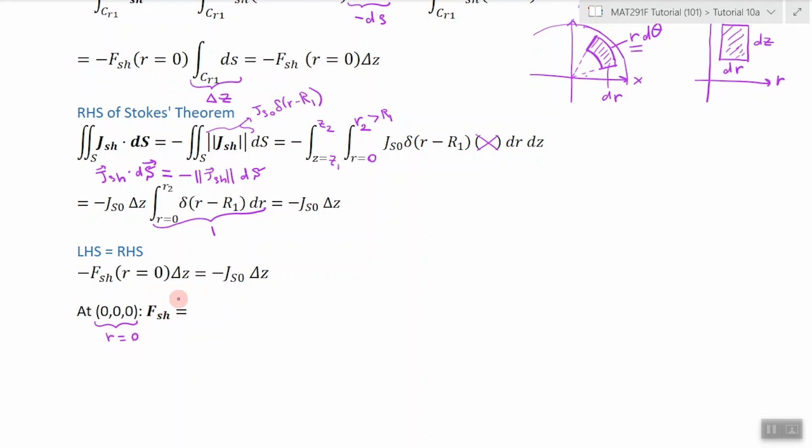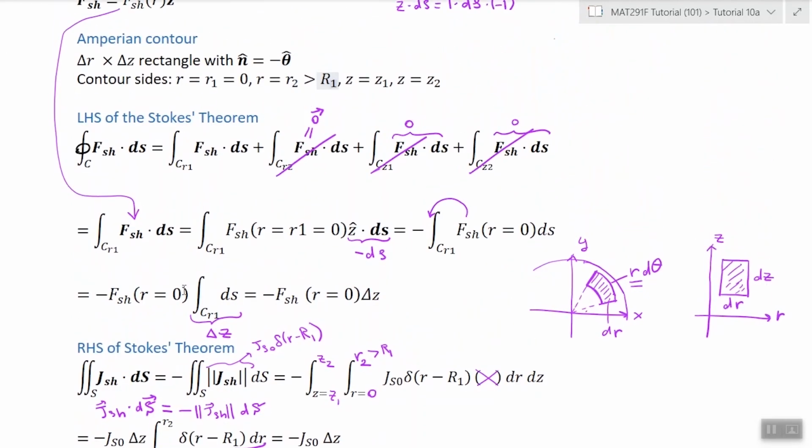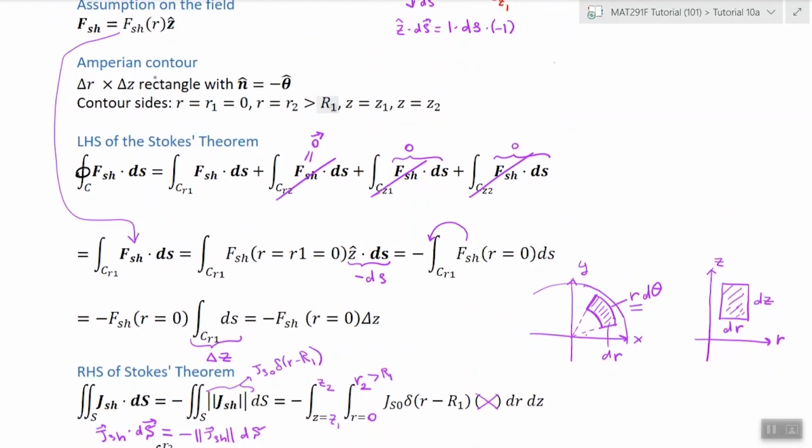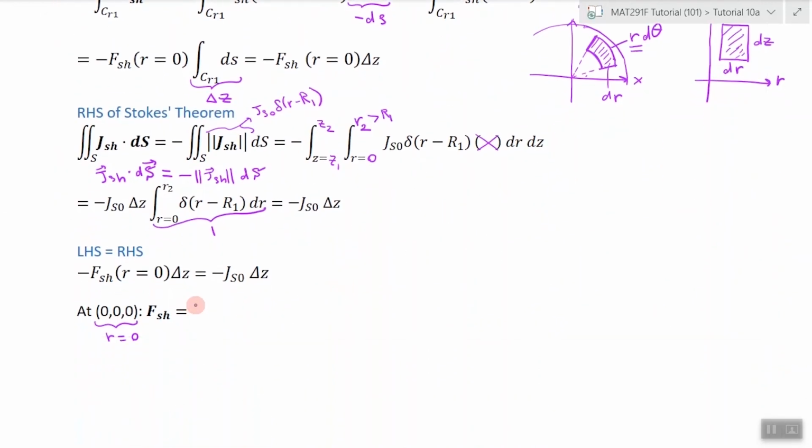So when we rewrite this expression for f, this is f at r, but this has r equals 0, and then z hat. So we can plug in what we get from here.